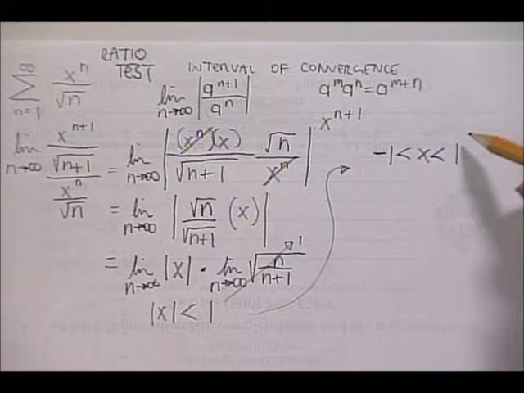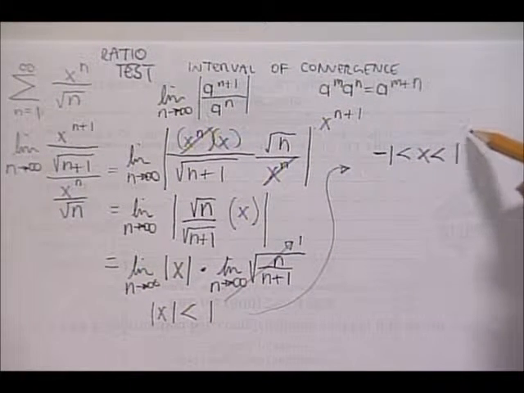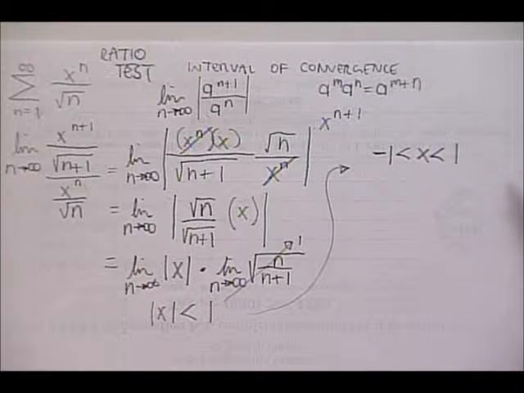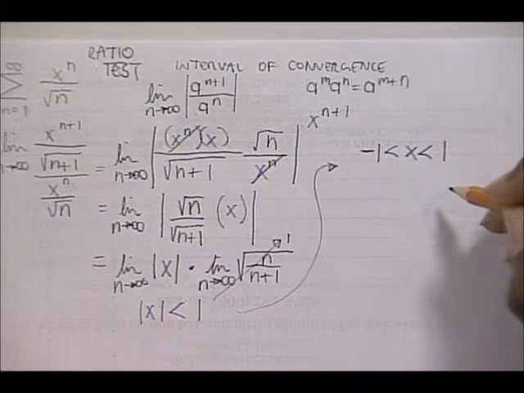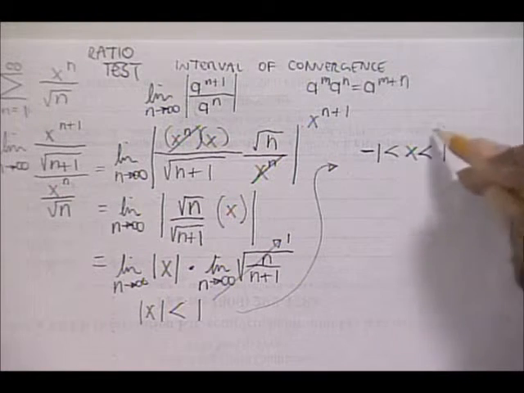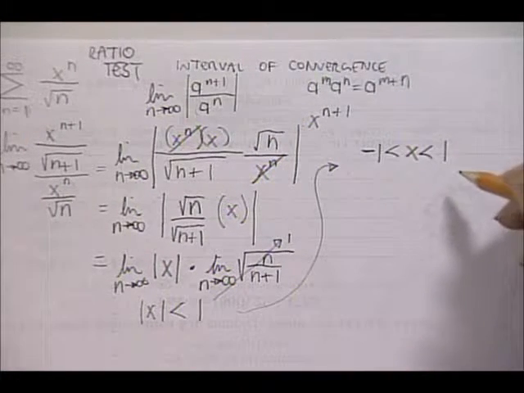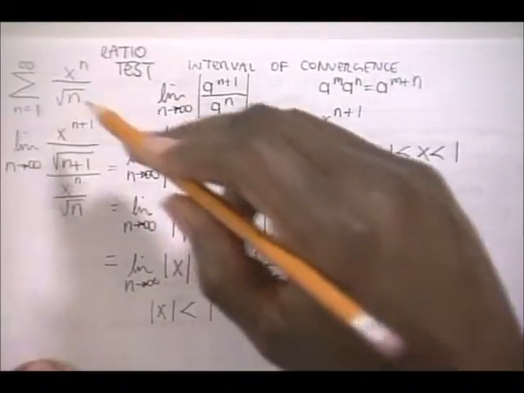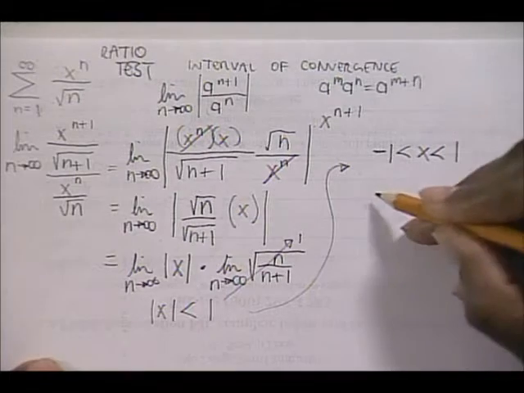So now the only thing that you have to do to determine the interval of convergence is to check each of these endpoints of this interval. All right, so let's do that one at a time. Let's substitute 1. If we substitute x as 1 into our original problem over here, would that converge?